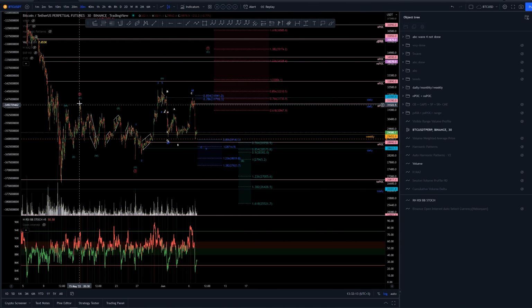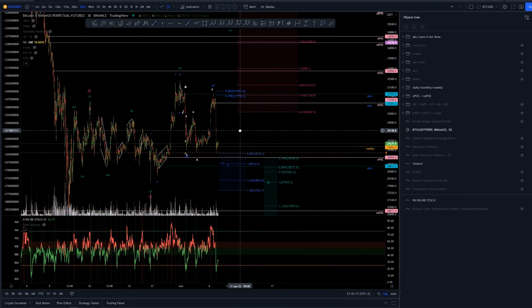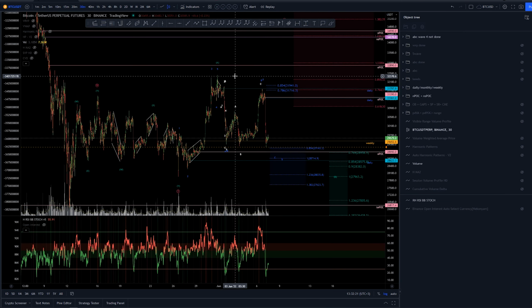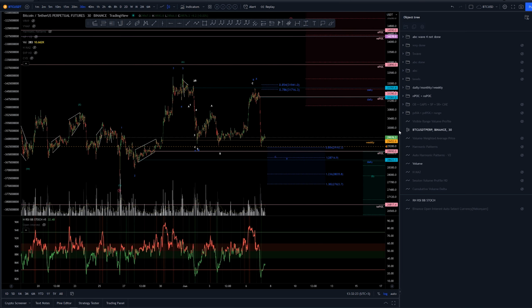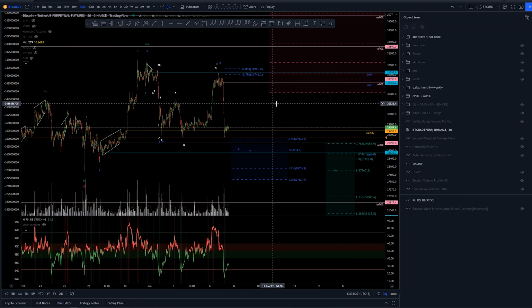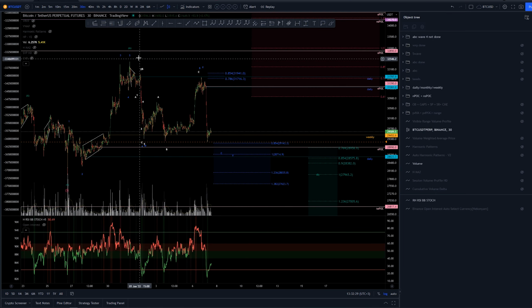Saying that we have a W, X, and we're looking for the wave Y. Now on this one, we could have made this as a 1, 2, 3, 4, and 5 into wave A here. Now we would be looking for some kind of correction downwards to correct this first leg.